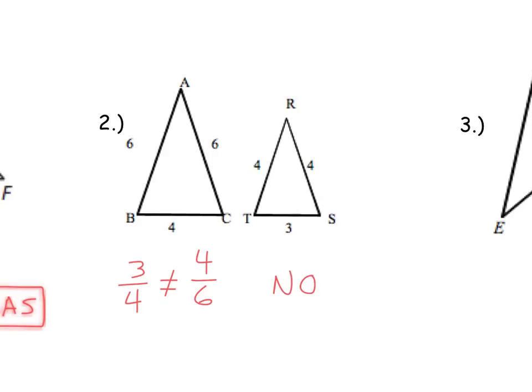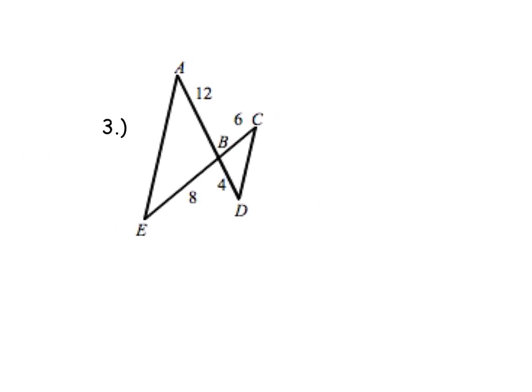Okay, and then number 3. What do you guys think? Give me a thumb. Yes or no? Ooh, we're kind of torn on this one. Should I tell you the answer? It's yes. Okay, so we said side, angle, side.